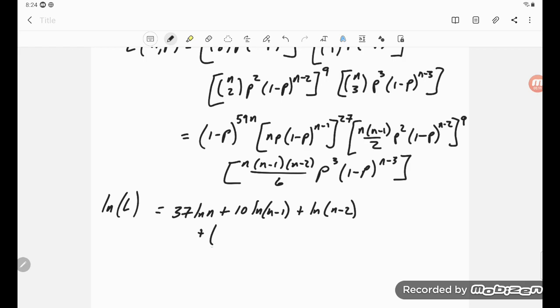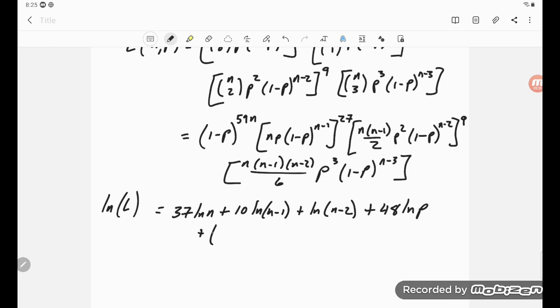Well, I'll do plus 37. What do I want next? I'm looking at my stuff here. So, I can put in here 48 natural log of p. So I've got that. I got my log 2.